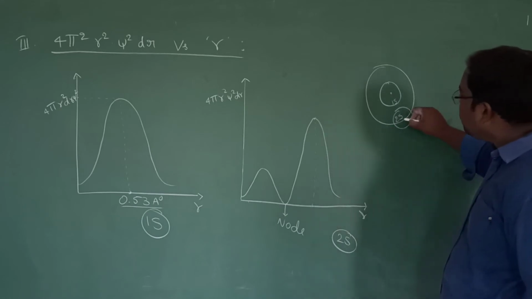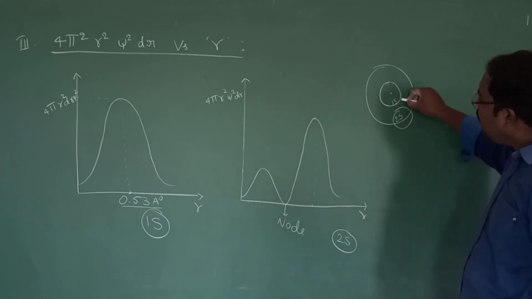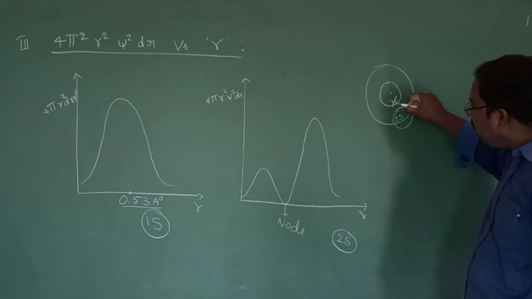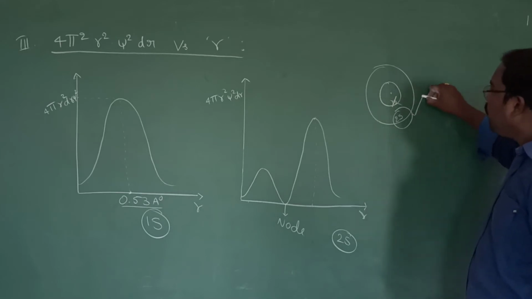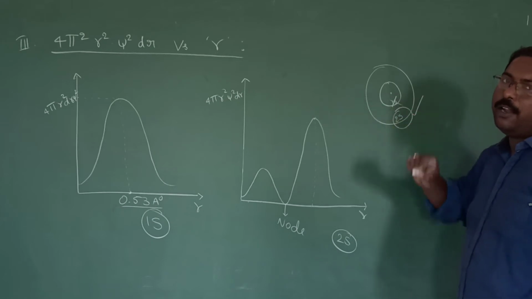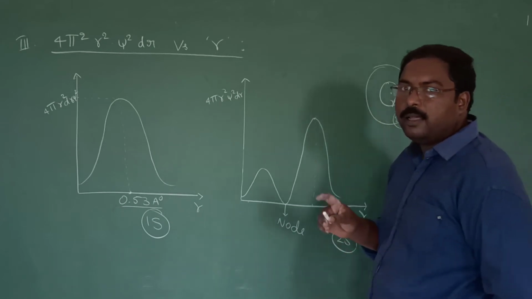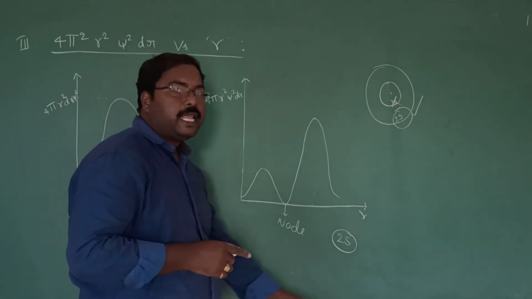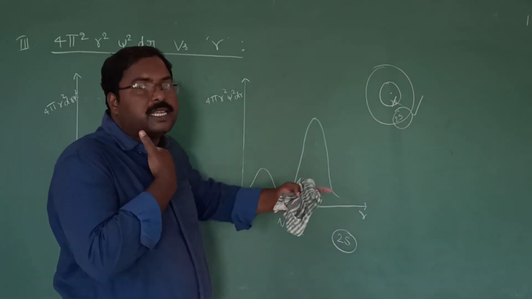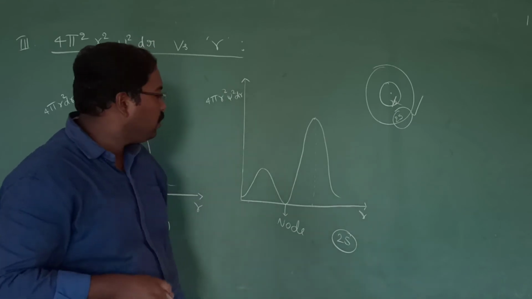Meaning the electron in the 2s orbital will have less probability in the first orbit and more probability in the second orbit. Remember, because two years back they asked one question in the advanced level based on these graphs. I will give that question also.